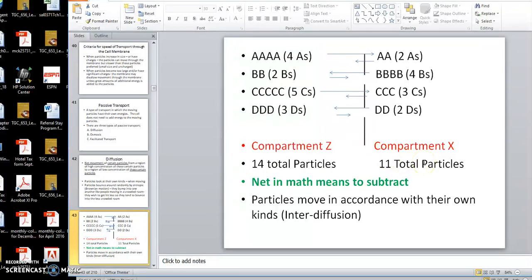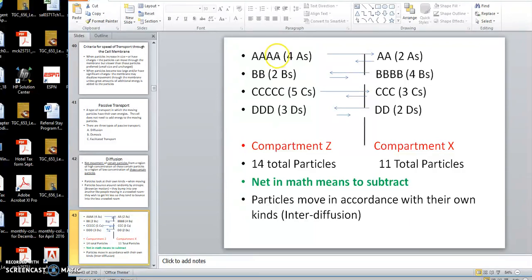In a regular book definition, it would say the particles primarily are going to move this way. Now, this is what I want you to understand. These particles are bouncing around, hitting each other in a crowded room. When you hit one, you go back the opposite way. So if you get bounced into a less crowded room, you're not going to hit anything, and you'll probably stay over that way.